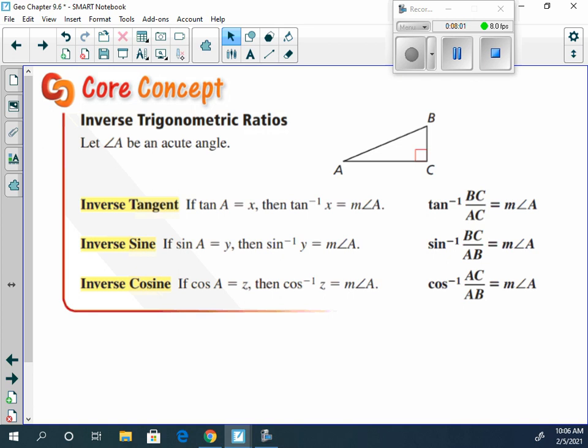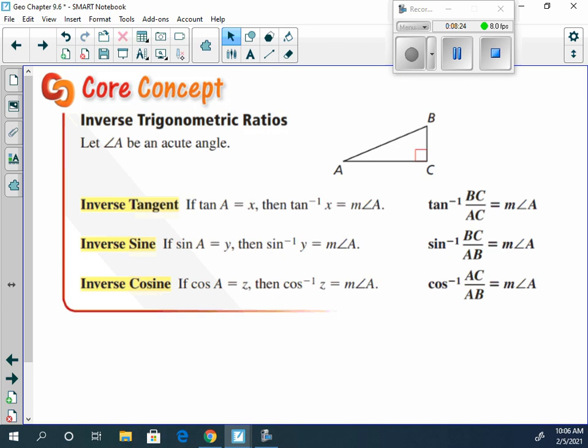And these tangent inverse, sine inverse, and cosine inverse, because what they will do is take a length measurement, a ratio of the sides, and turn it into an angle. So before, with sine, cosine, and tangent, it took an angle and gave us a proportion or ratio of the sides.